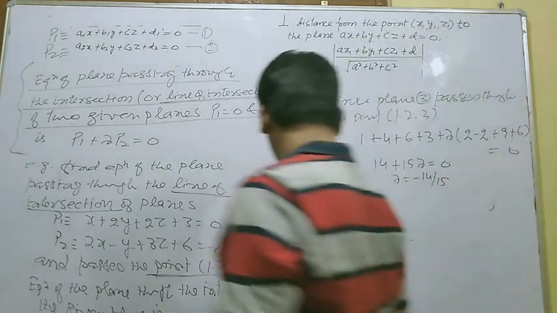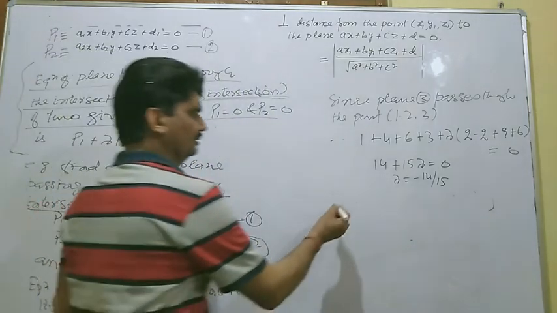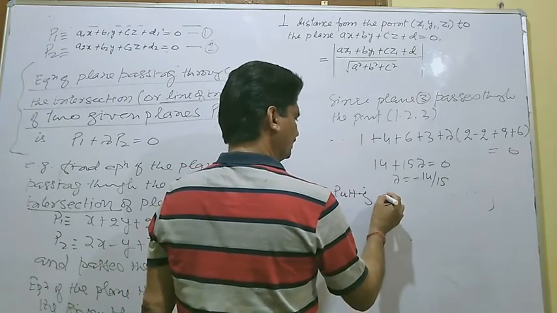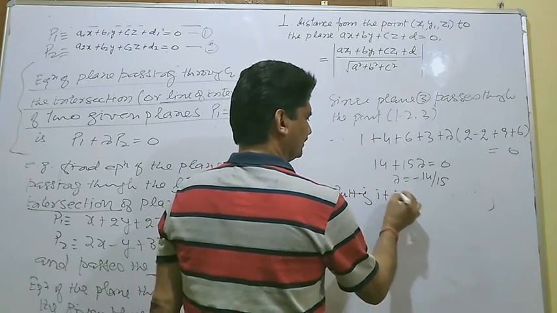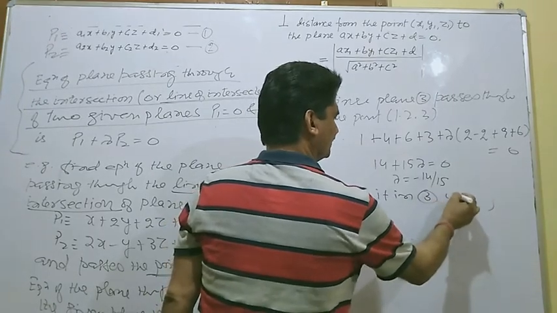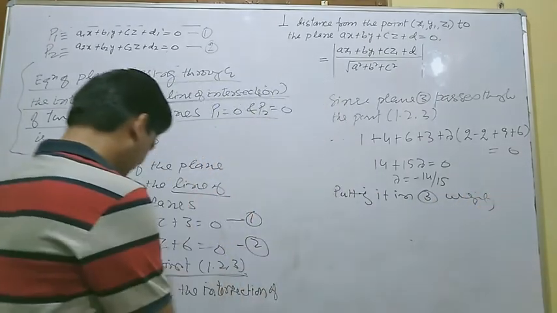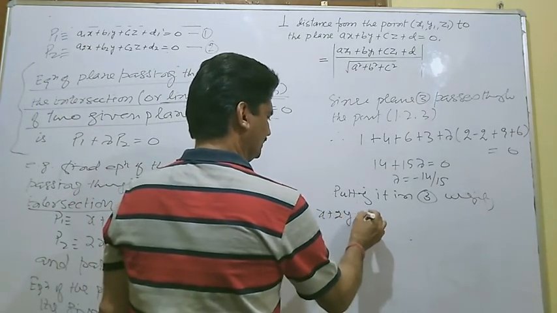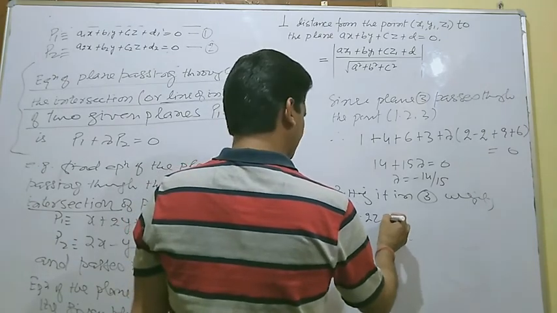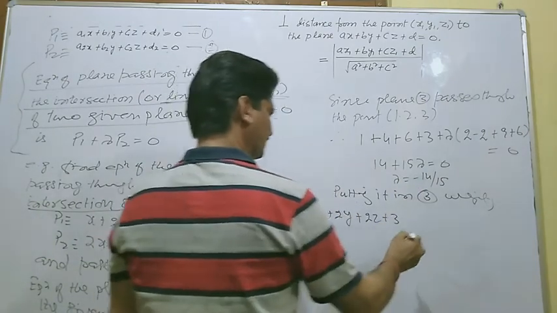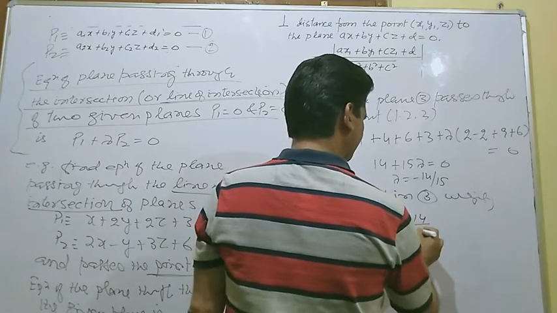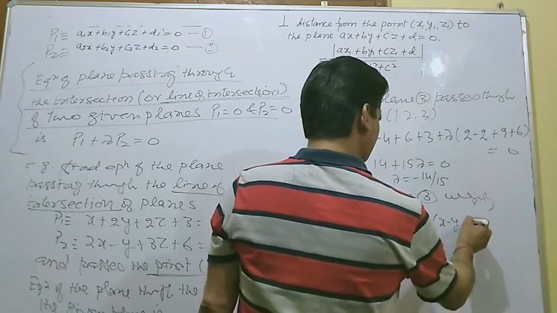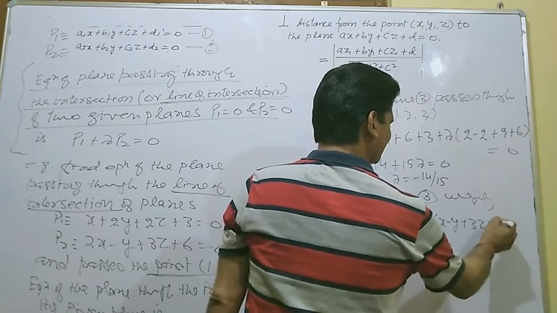Now putting this value in equation 3, we get x plus 2y plus 2z plus 3 minus 14 upon 15 times 2x minus y plus 3z plus 6 equal to 0.